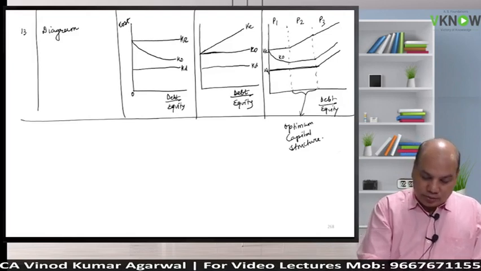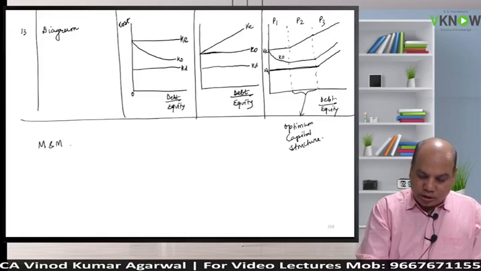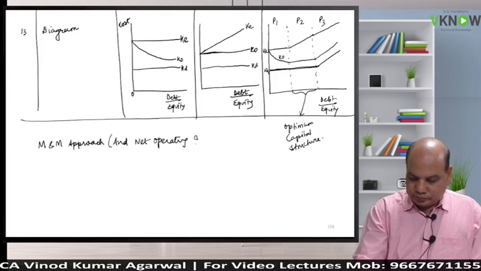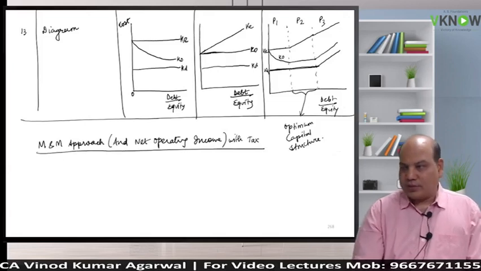Now we'll write the next heading: Modigliani and Miller approach, in brackets net operating income approach, with tax. With tax.